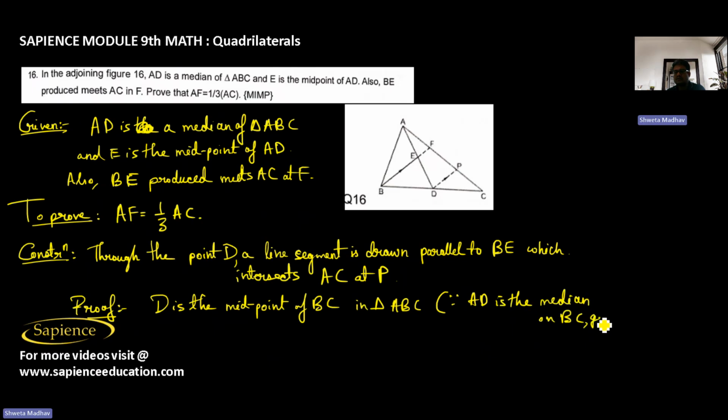So hence D is the midpoint of BC, and DP is parallel to BE, or I can say DP is parallel to BF. It is according to the construction.